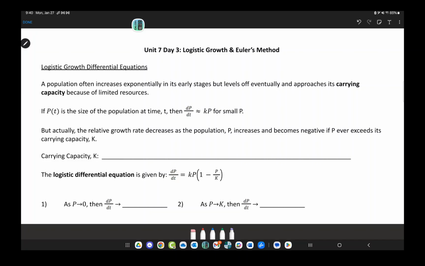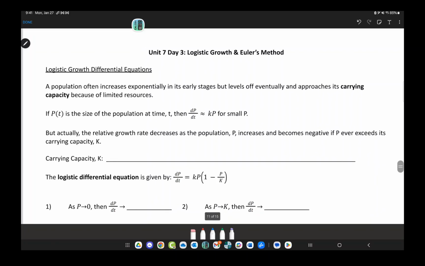If P of t is the size of the population at time t, then dP/dt equals kP for a small population. But actually, the relative growth rate decreases as the population P increases and becomes negative if P ever exceeds its carrying capacity K. So K is the max population that the environment is capable of sustaining.